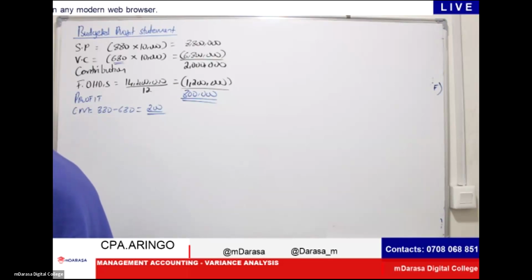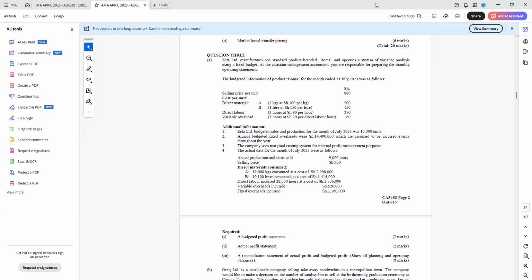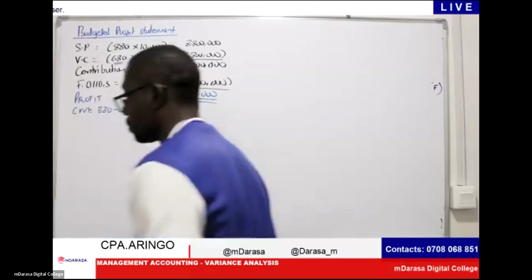We've taken our data here, the summation: look at the cost per unit budgeted, 200 plus 150 plus 270 plus 60 to give us the total variable cost, which is 680. You've seen that? Okay, so that is how we determine that.